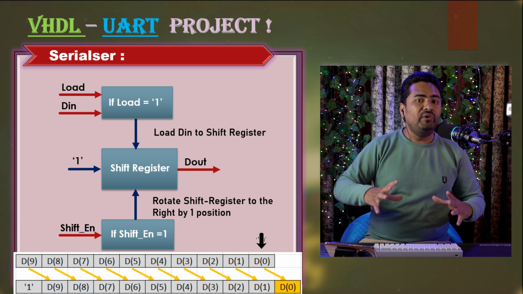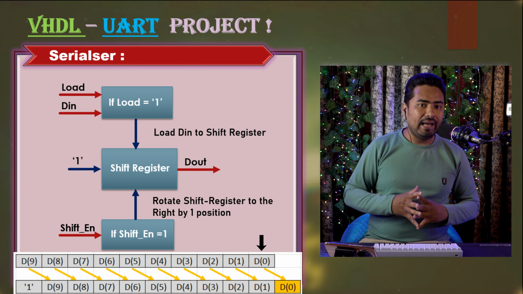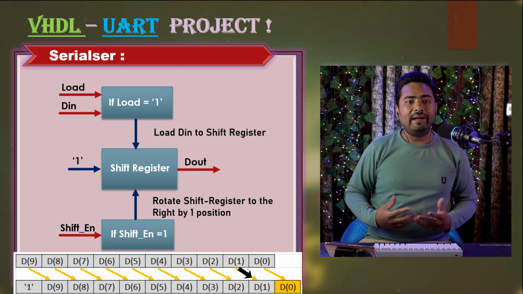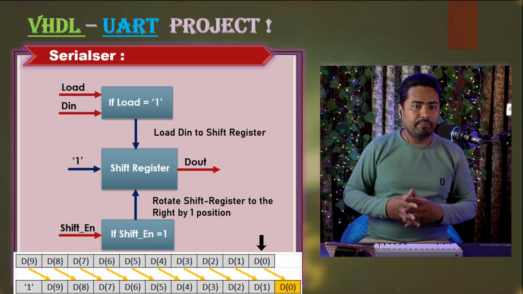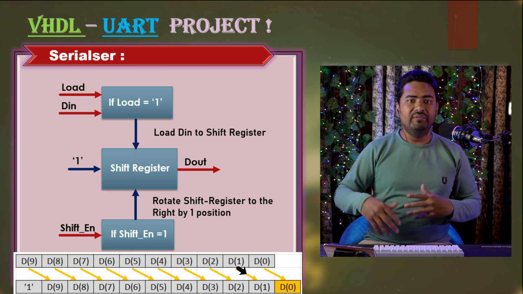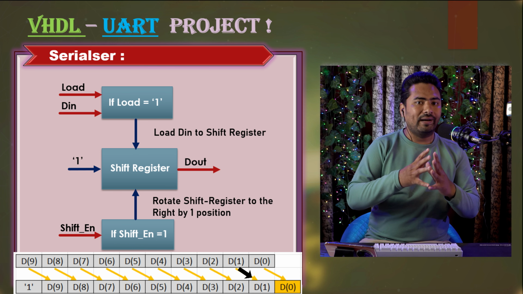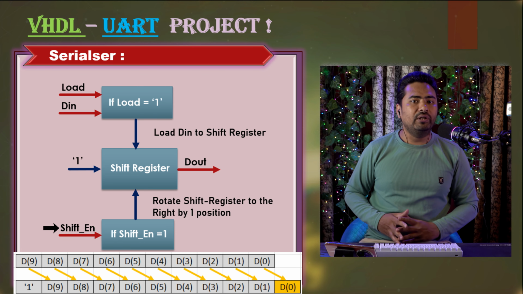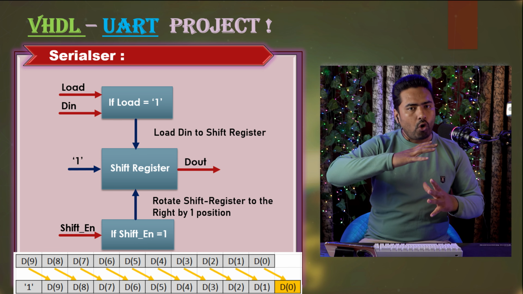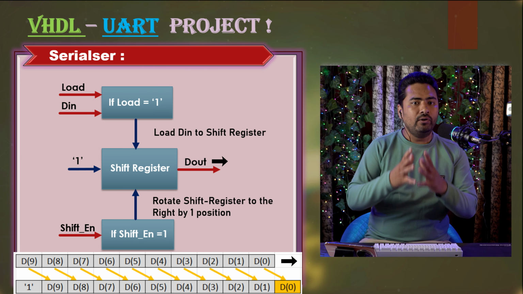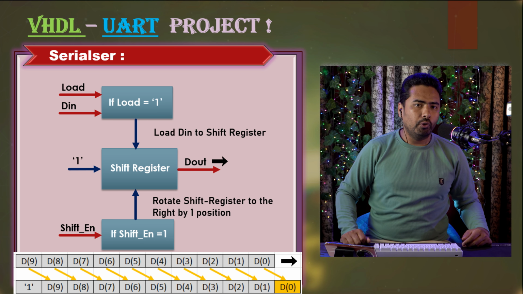Meaning we are always transferring the same index, but we will override the content of that index with the next transmitting bit. So we will shift the registered data to the right for each shifting pulse given. And we will repeat this process until all the bits get transmitted over the RS-232 protocol.